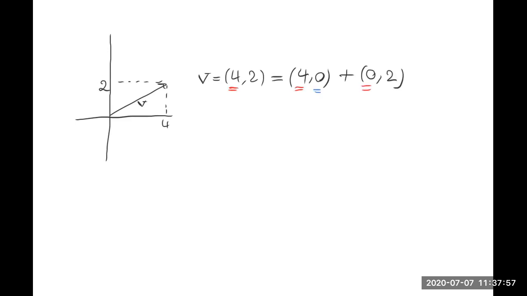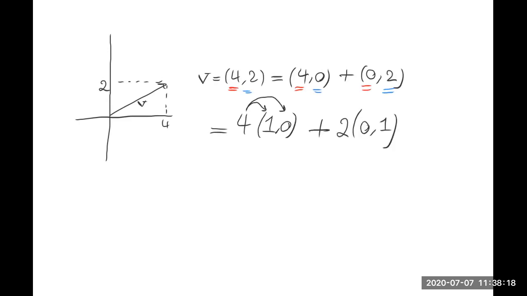If I add the second components, I would add 0 to 2, which I get 2. And then 4 and 0 is equal to 4 times 1 and 0. Because 4 times 1 is 4, 4 times 0 is 0. And then 0 and 2 is equal to 2 times 0 and 1. Because 2 times 0 is 0, 2 times 1 is 1.